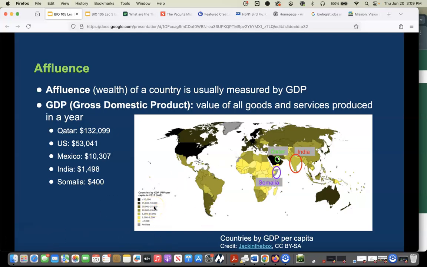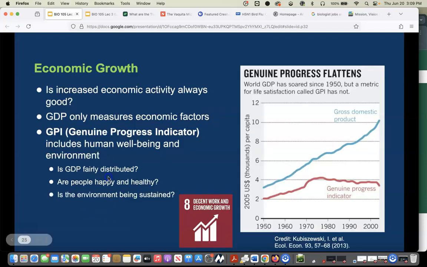Okay, so that's gross domestic product. Now, I want to talk about whether gross domestic product is really a great way to measure economic growth. Is increased economic activity always good? Remember that GDP only measures economic factors.